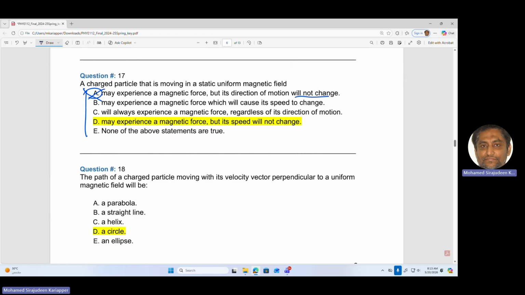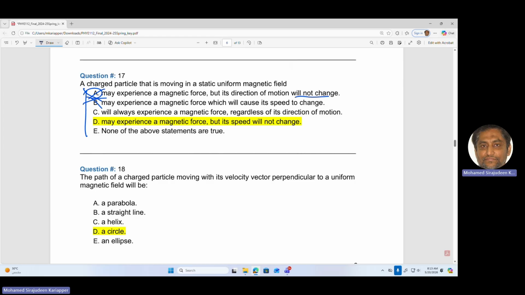May experience a magnetic force which will cause its speed to change. No. When the force is perpendicular to the velocity, the magnitude will not change. It will only change the direction of the velocity. So that is also wrong. Will always experience a magnetic force regardless of direction.